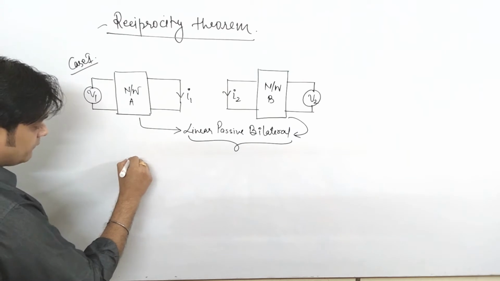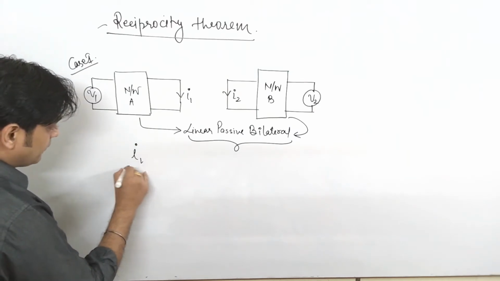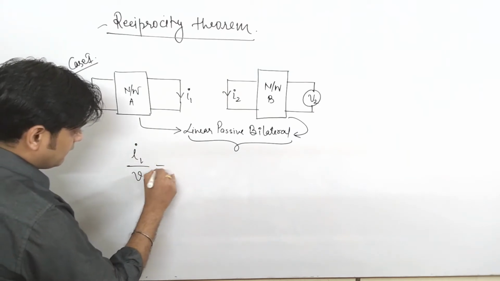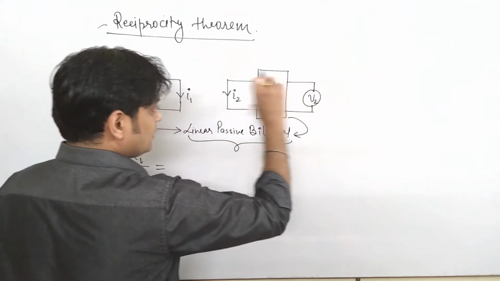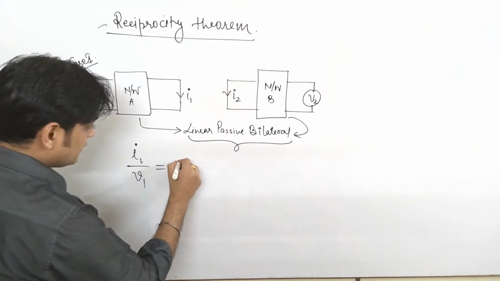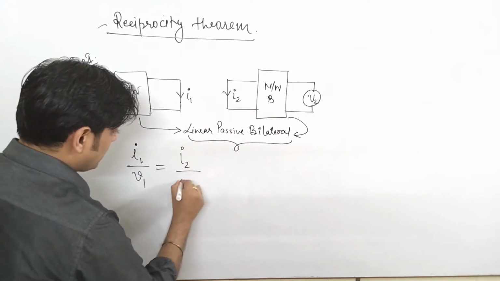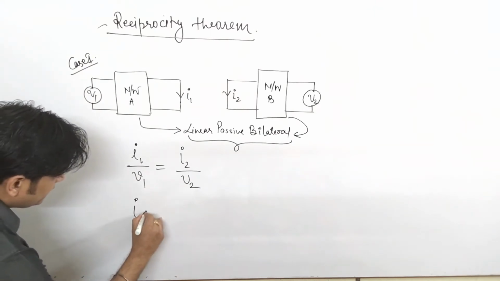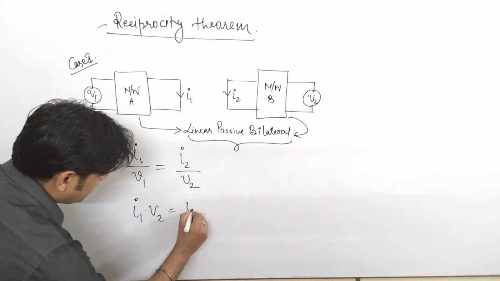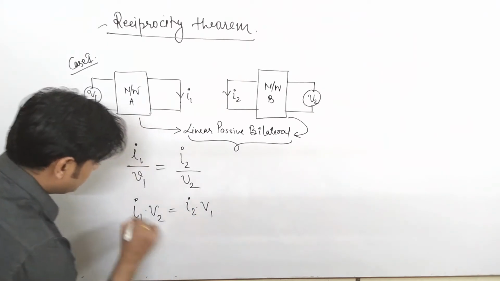As per the theorem, the ratio of I1 upon V1 is equal to what? Again, if this is your excitation variable and this is your response variable, it should be equal to I2 upon V2. So you can say that I1 into V2 is equal to I2 into V1.